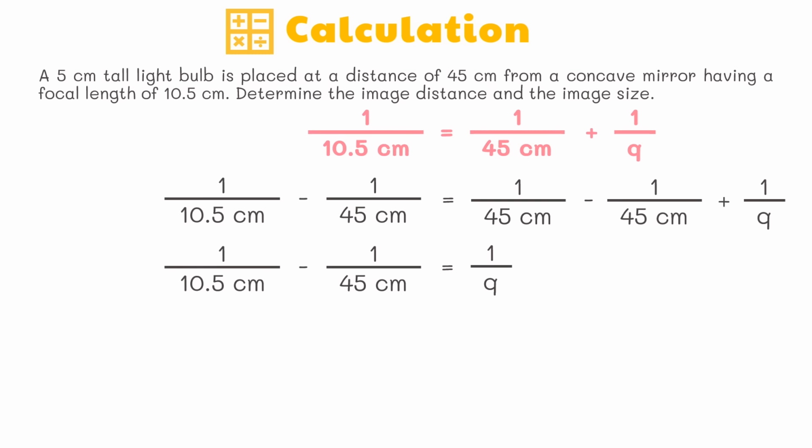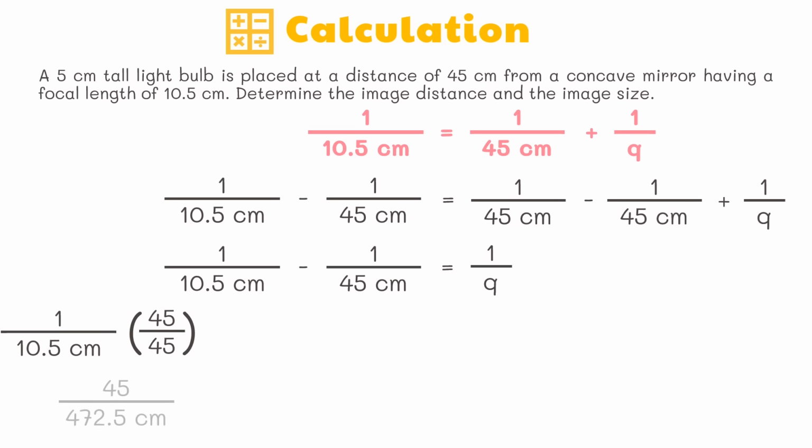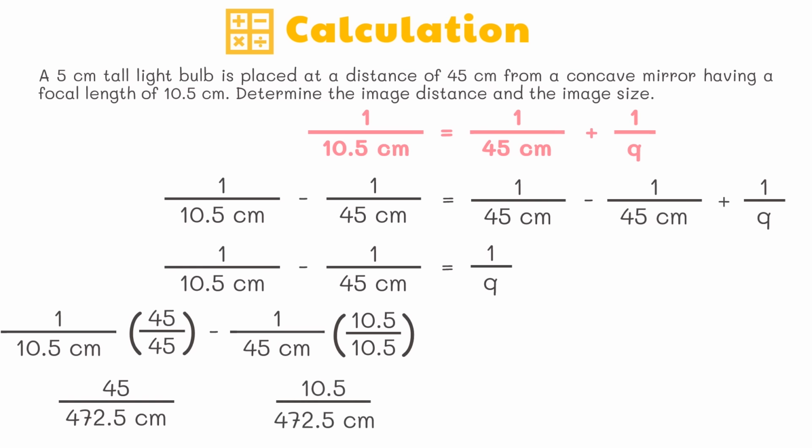So, 1 times 45 and 10.5 times 45 equals 45 over 472.5 centimeters. 1 times 10.5 and 45 times 10.5 equals 10.5 over 472.5 centimeters.